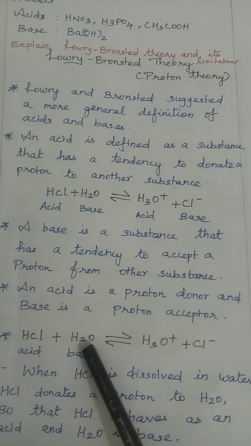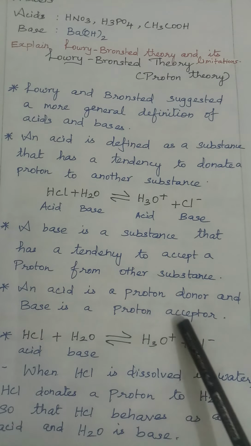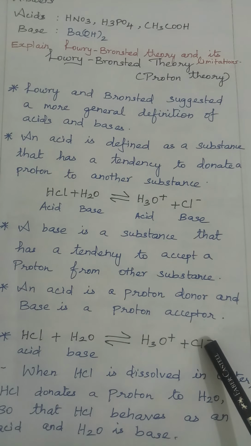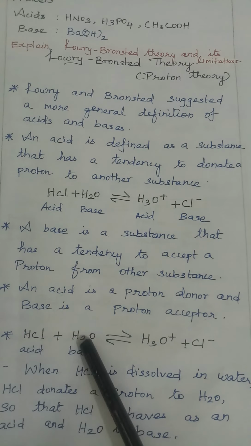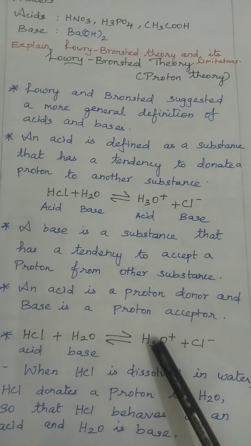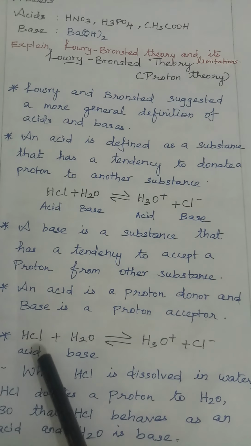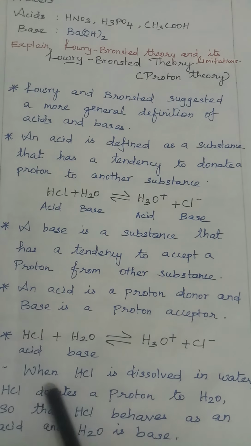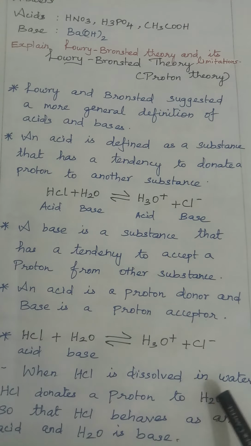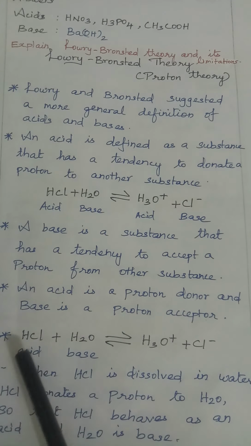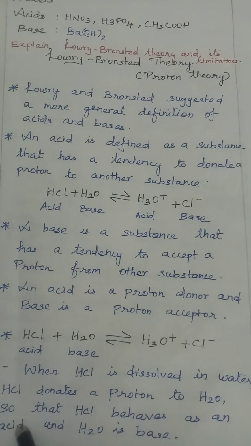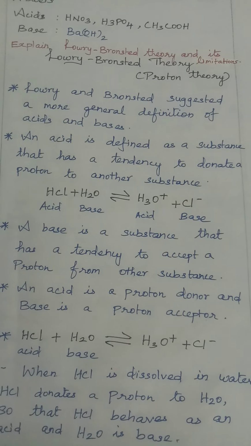HCl donates the proton and becomes Cl minus. H2O accepts a proton and becomes H3O plus. So HCl acts as acid. When HCl is dissolved in water, HCl donates the proton to H2O so that HCl behaves as acid and H2O behaves as a base.